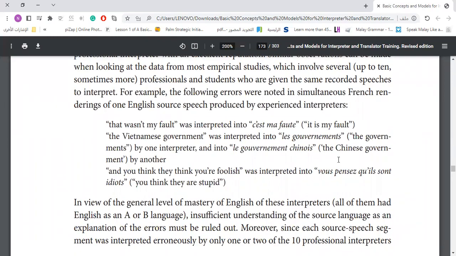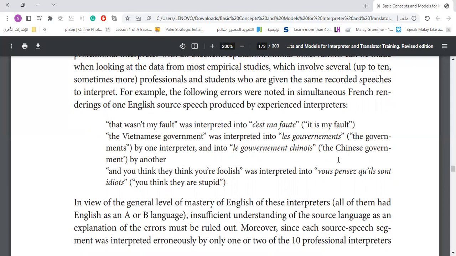The author excludes the possibility of them not understanding the speaker's speech, because these interpreters who were involved in this research were either fluent or natives.